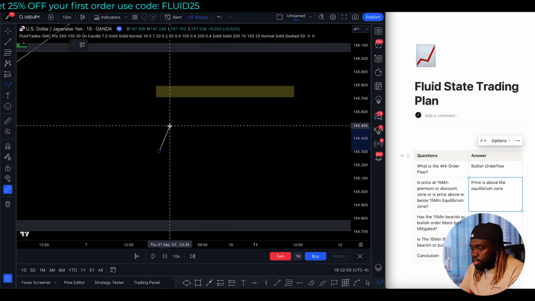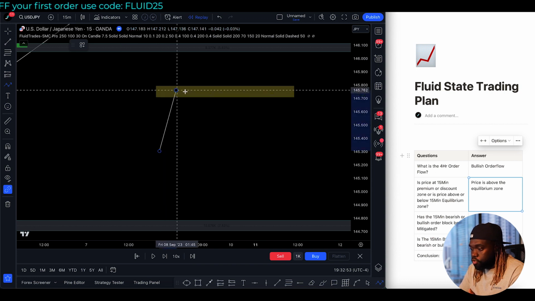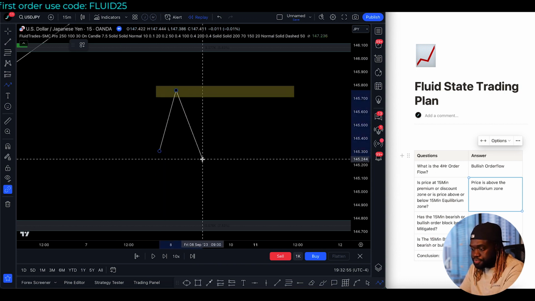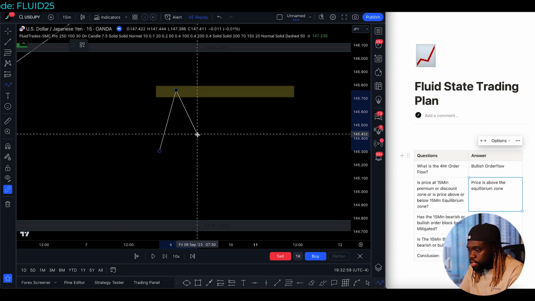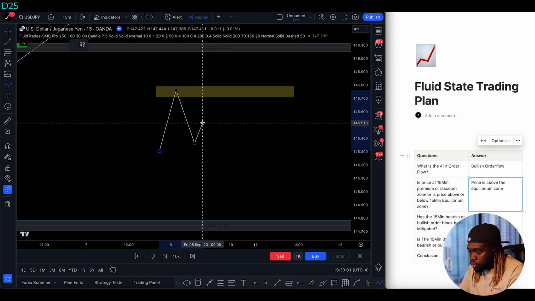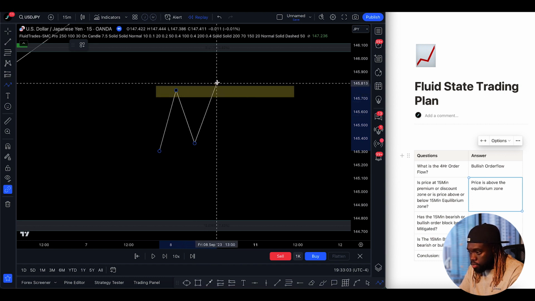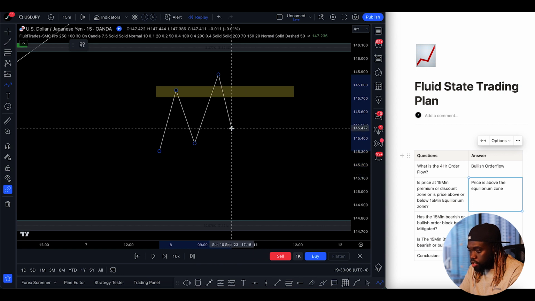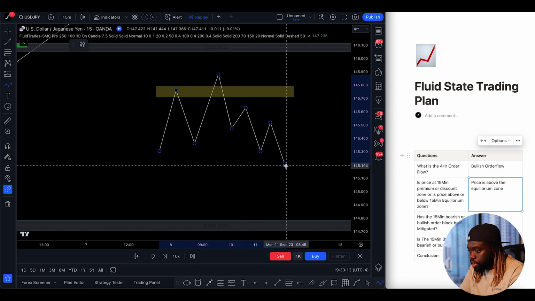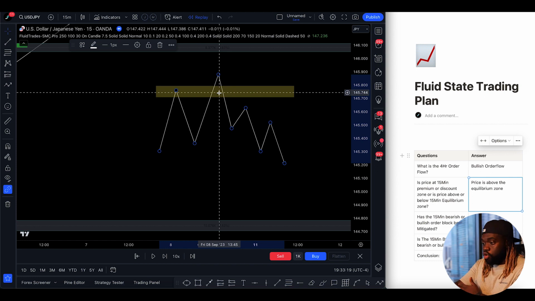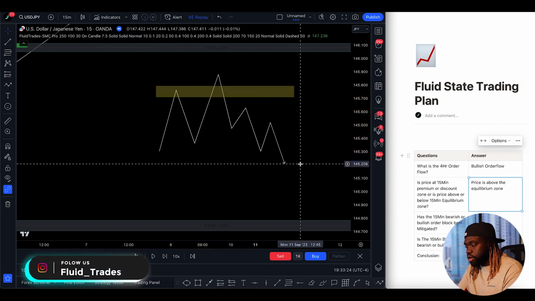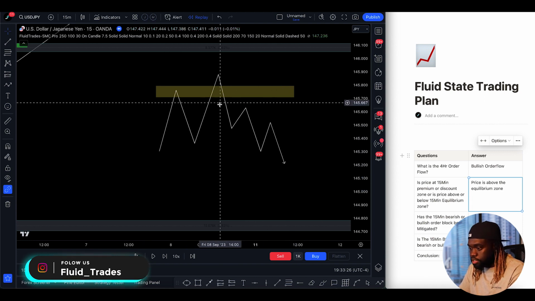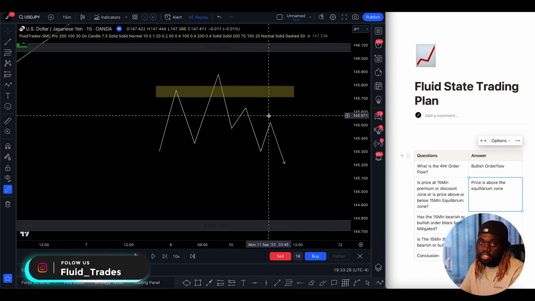Market did this, created this nice supply zone right on top, and then price went again to mitigate it, broke it, and continued going down. That would be a bearish order block being mitigated. And a bullish order block would be the same thing, just upside down, basically, guys.